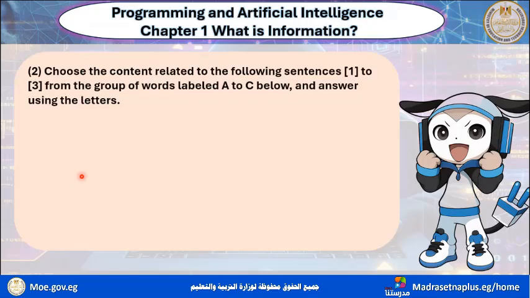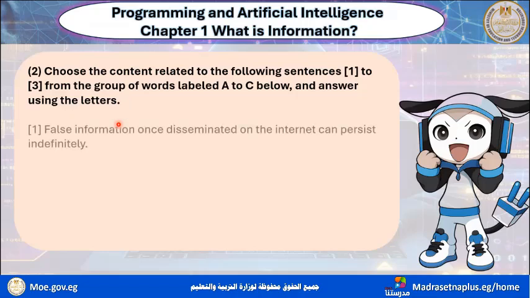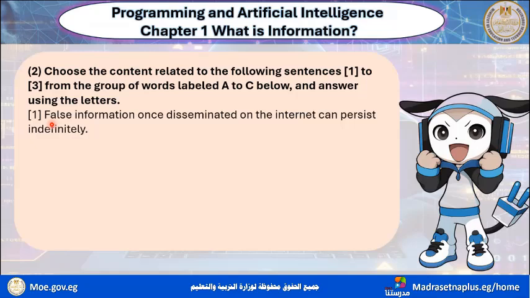Okay. Choose the content related to the following sentences 1, 2, 3 from the group of words labeled A to C below and answer using the letters. Well, 1. False information, once disseminated on the internet, can persist indefinitely. And of course, the answer is gonna be persistence.